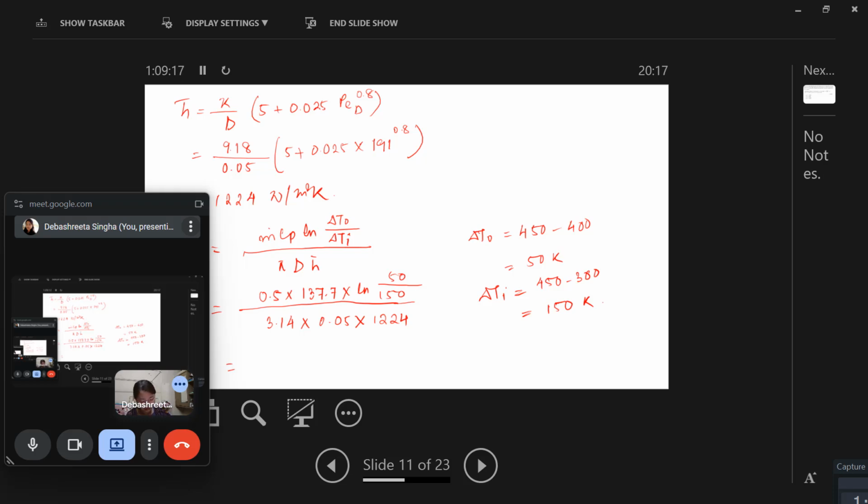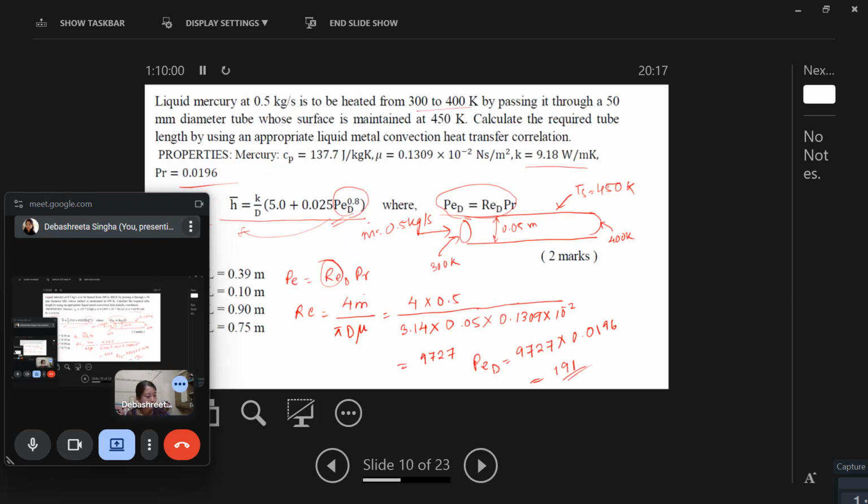So it comes out around 0.393 meter. So the first option is the correct one.